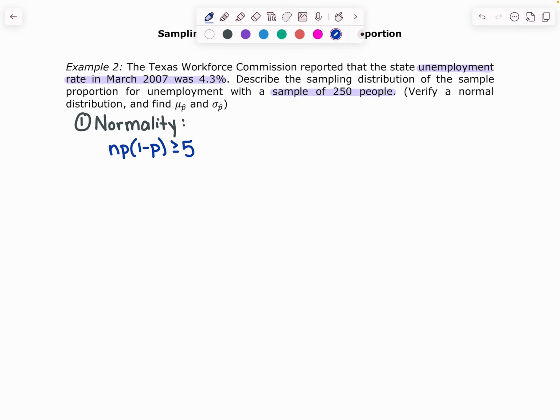Now we can't math with percentages, so I'm going to rewrite p as 0.043, 4.3% as a decimal. So 250 is my n times 0.043 times 1 minus 0.043. And I want to see what that number is.